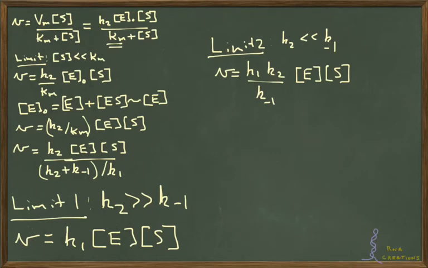So in other words, kcat over Km in limit 2 is equal to this. And you can see it has the right units, right? Because k1 is bimolecular and the other two are unimolecular and they cancel. And here you can see that kcat over Km is really simple. It's just equal to the on rate constant.